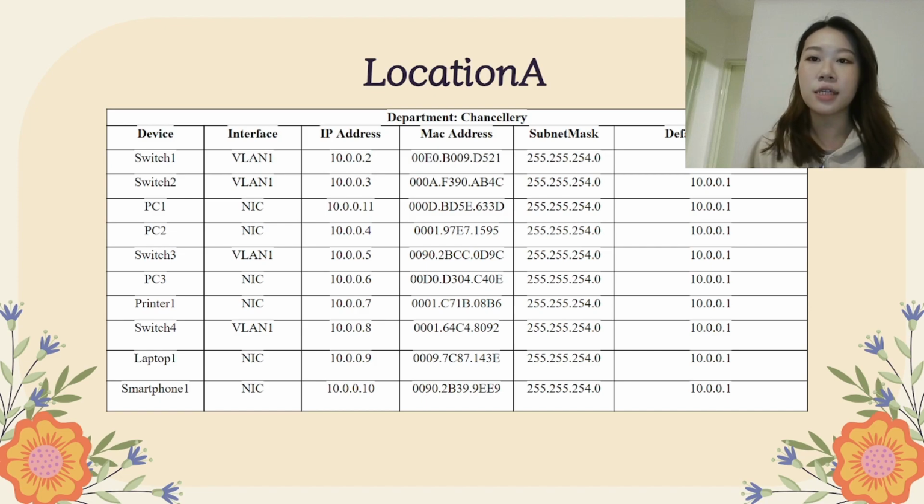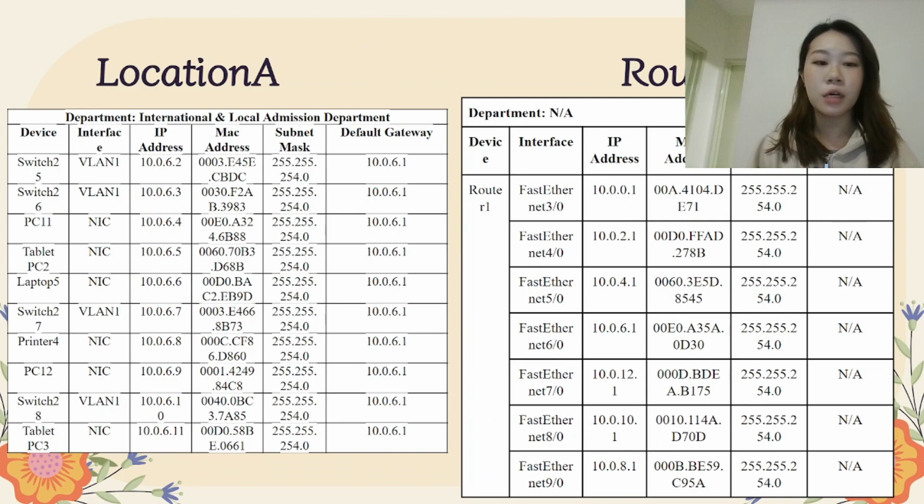The MAC address is taken from the device itself, so every device has its own unique MAC address. The subnet mask and default gateway are taken from the subnetting table, which is the subnet mask and the first usable address of each department. For the router, we use one router as a network device and FastEthernet as interface. And the rest are the same concept.